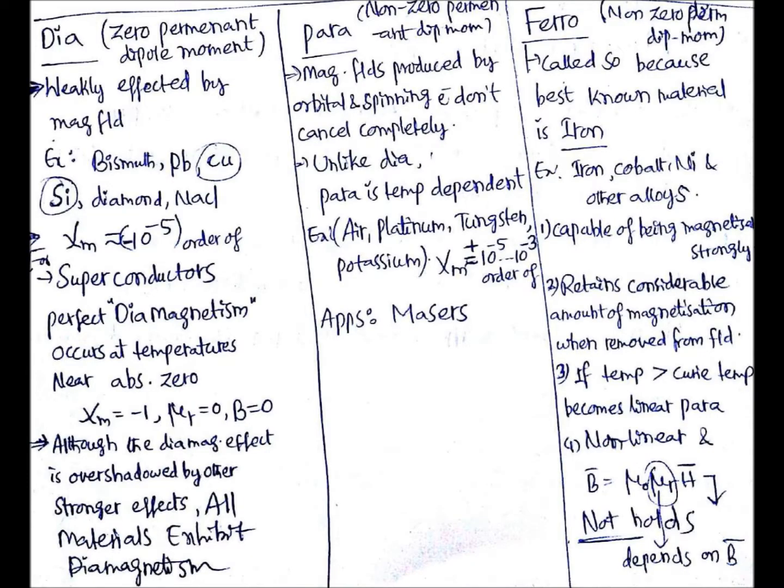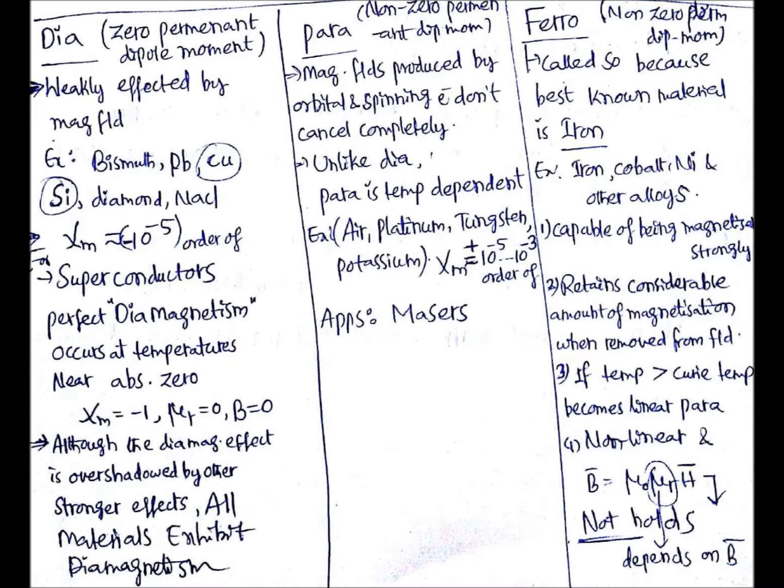Okay, if we see all the theoretical points related to dia, para, ferro in a comparative way, it will be like this. In case of dia, where there is zero permanent dipole moment, these are weakly affected by the magnetic field, mostly unaffected. Whereas para has a non-zero permanent dipole moment; the magnetic fields produced by orbital and spinning electrons do not cancel completely in case of para.